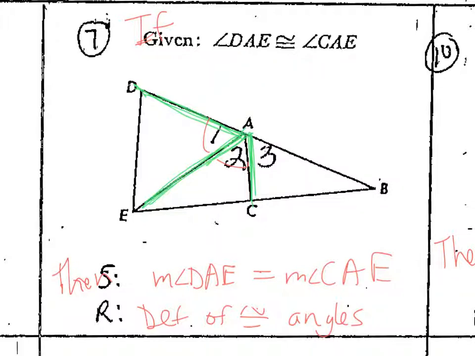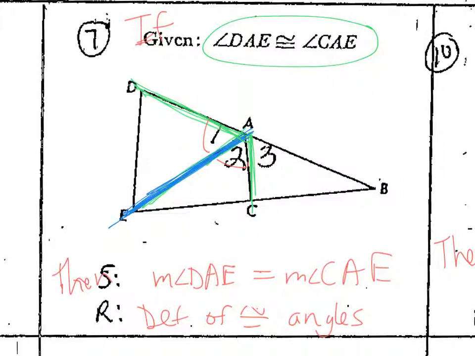So there's one other thing that I'd like to point out here, and that would be that there's something we know about AE. If we know that those two angles are congruent, we have a name for this in geometry. What do we call this ray or segment AE that's coming from my vertex? Hopefully you're thinking that that's an angle bisector, because in terms of my big angle DAC, which I never named, but is the angle that is made up of those two, that is going right in the middle since my other angles are congruent.